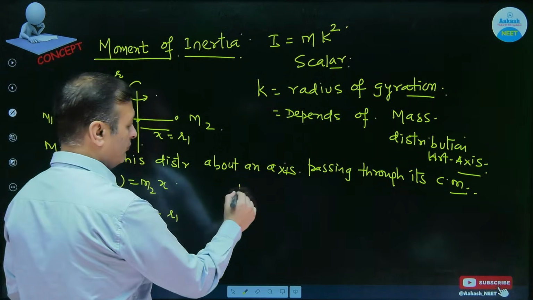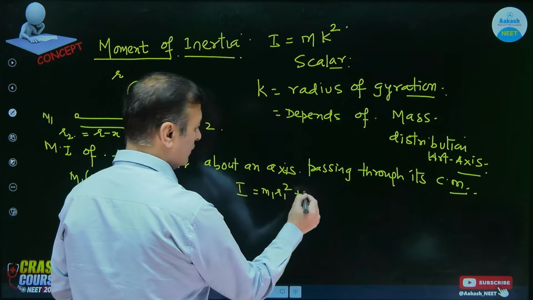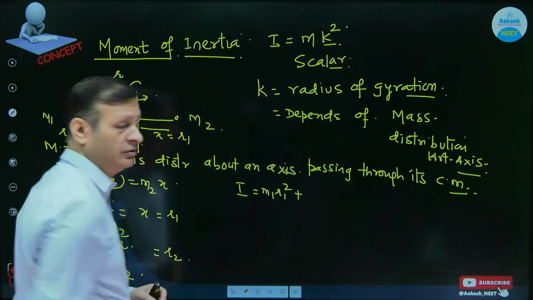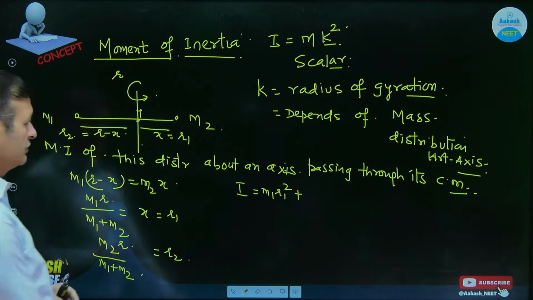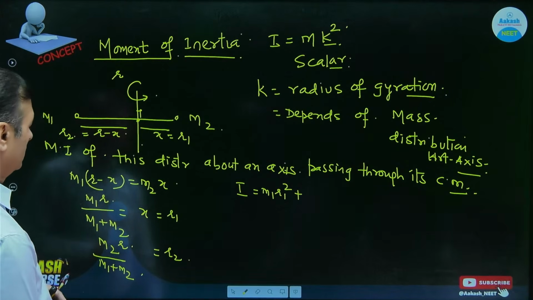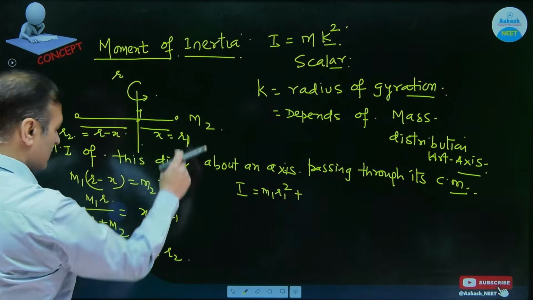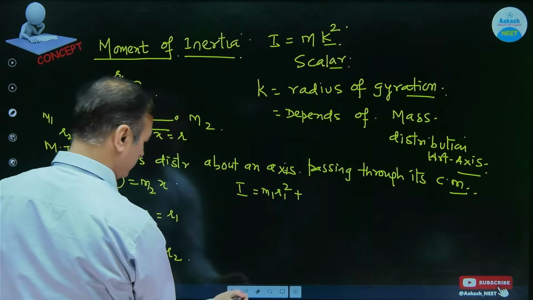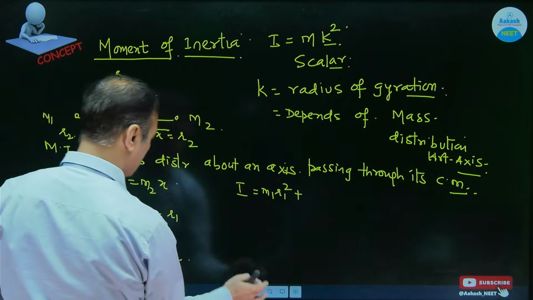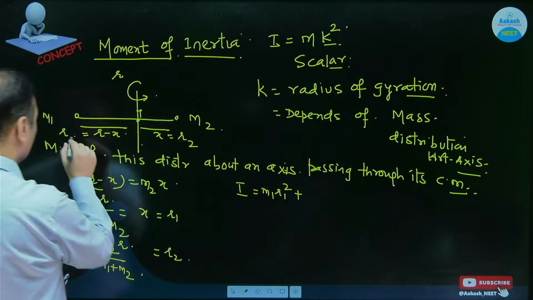Now I have to define moment of inertia, so that means m1 r1 square. Radius of gyration is the perpendicular distance from the axis of rotation. Oh, I think I have given a wrong notation. I should label this one r2 and this one r1.